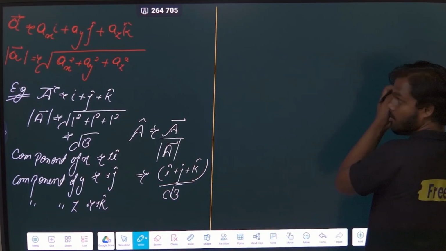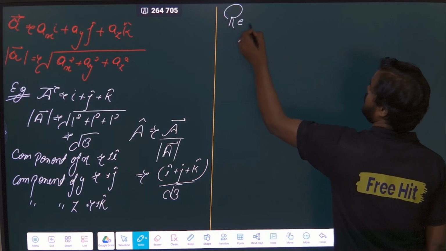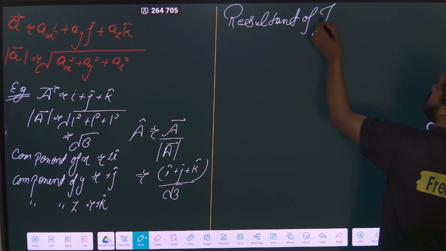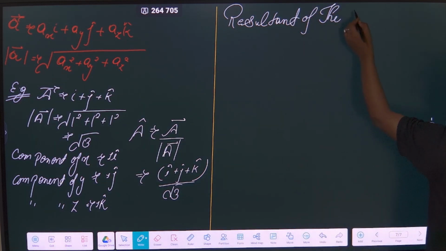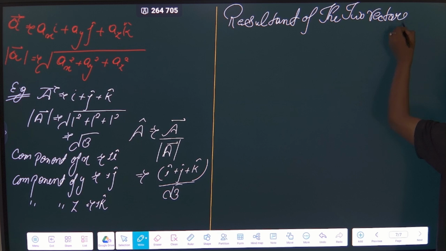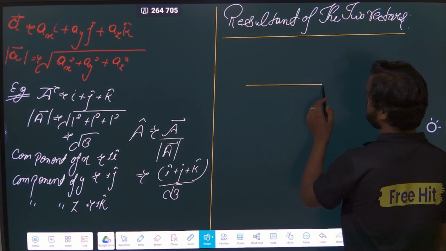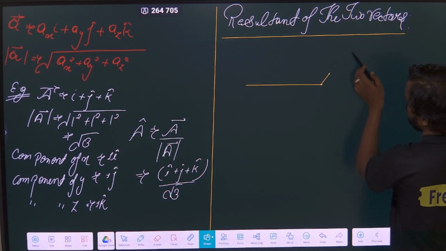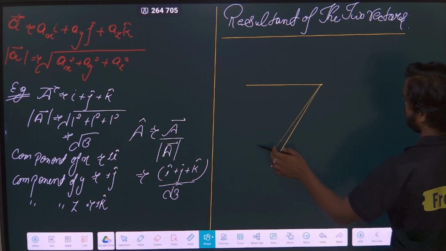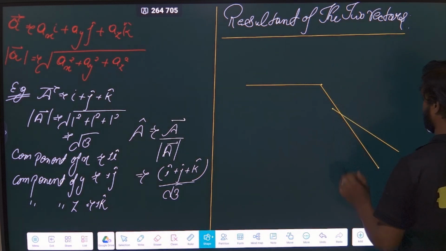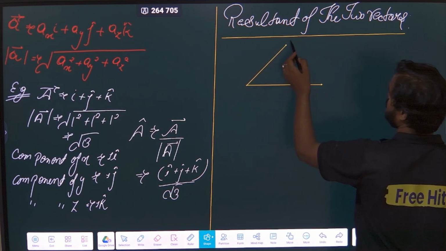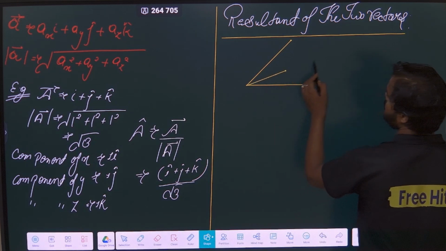Resultant of two vectors. Suppose this vector is A, this is my another vector B, and this is my resultant vector.